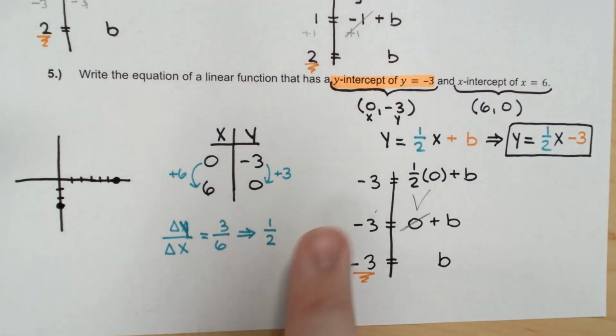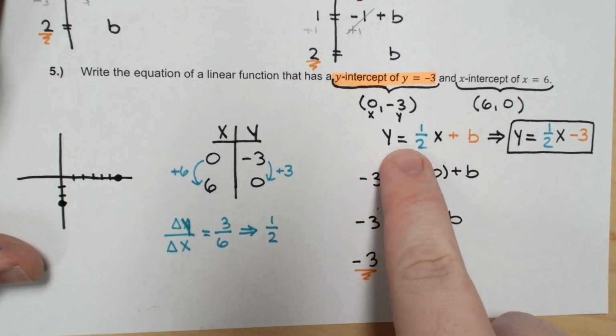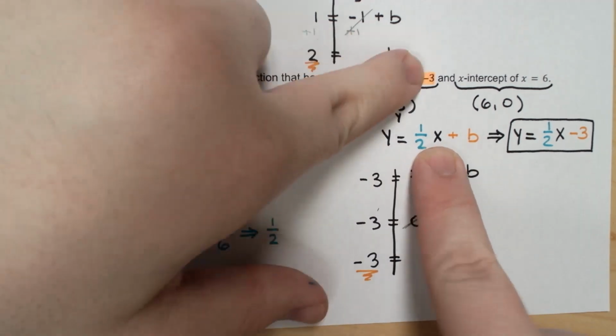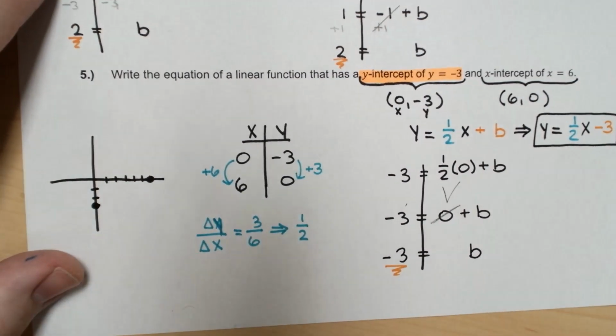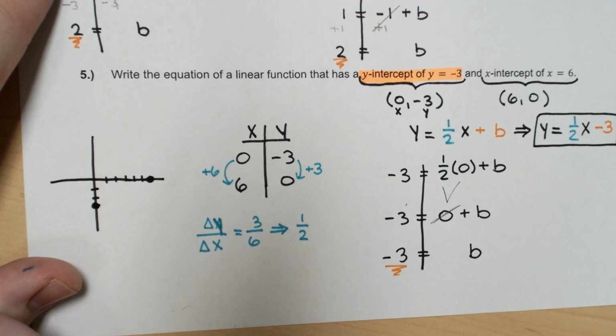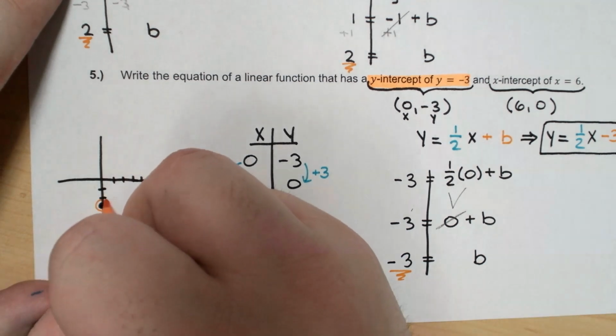So really, once we got to this point with the slope, we could have said, oh, the equation is y equals 1/2 x minus 3. We got there eventually, right? Now, the other thing is, we could also have seen this if we had just really free-handed a graph, because the y-intercept is, of course, -3.